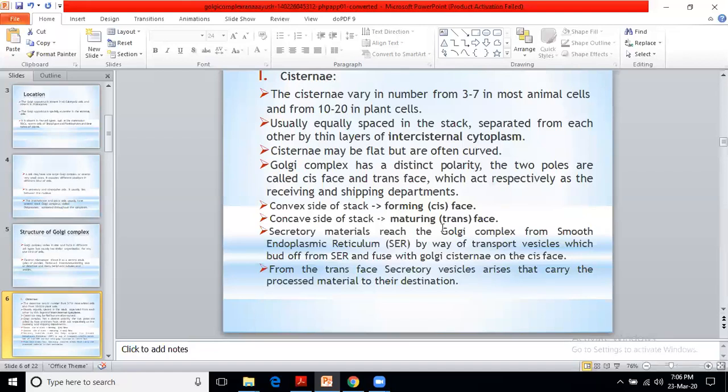This type of polarization is known as the cis-trans axis of Golgi apparatus.